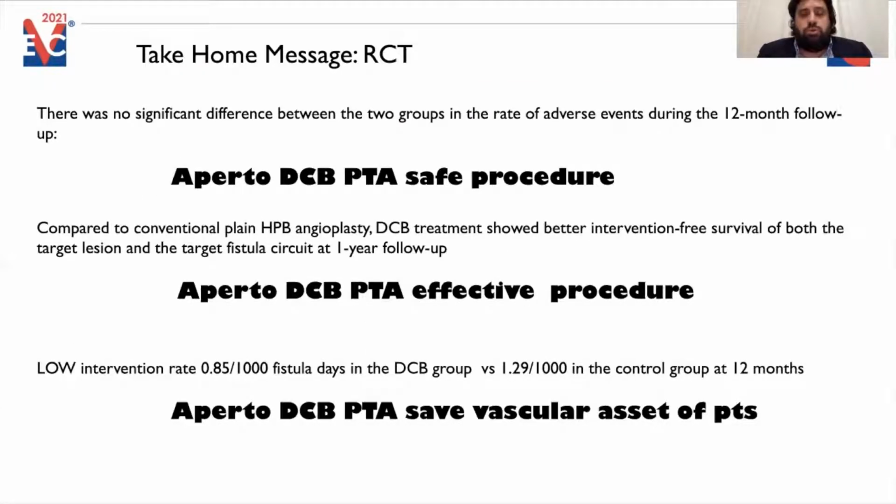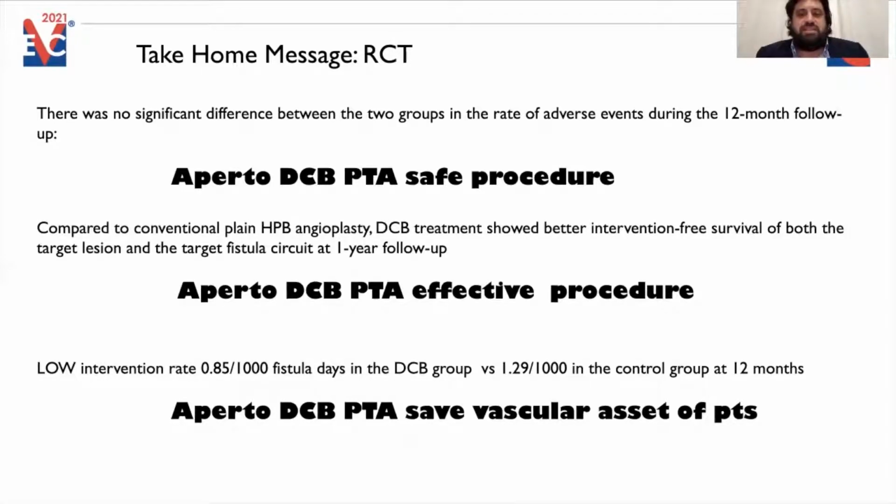So in conclusion, after this very interesting randomized controlled trial, it's possible to speak about the safety of Aperto DCB PTA, because there was no significant difference between the two groups in the rate of adverse events.